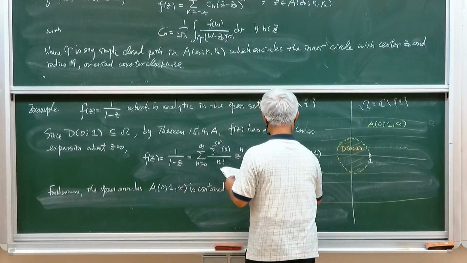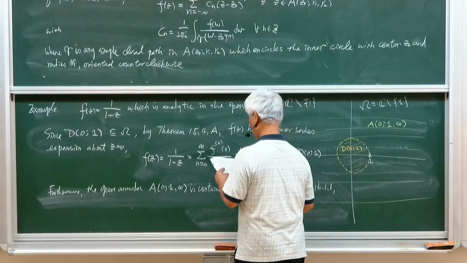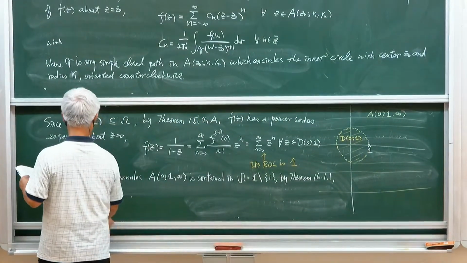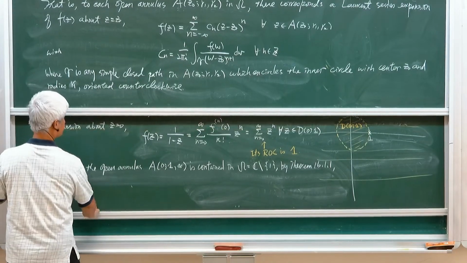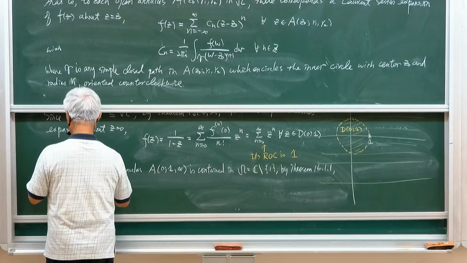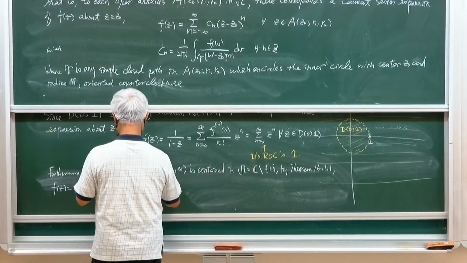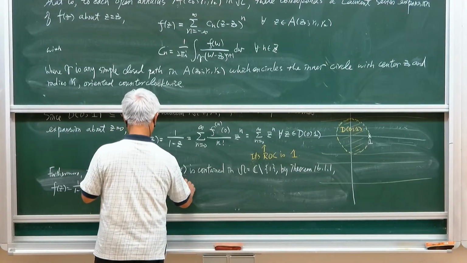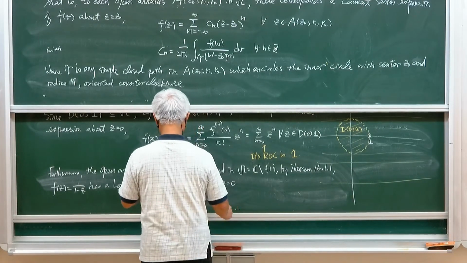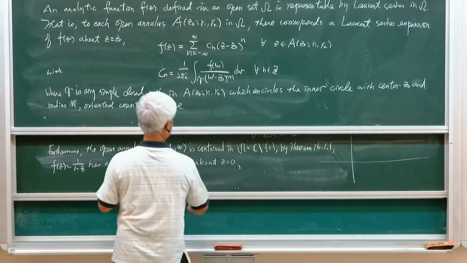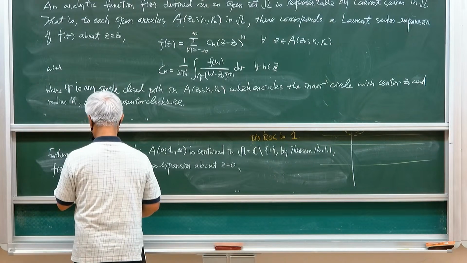Okay, and now, by theorem 16.1.1, f(z), which is 1 over 1 minus z, has a Laurent series expansion about z equal to 0. And this you can compute.